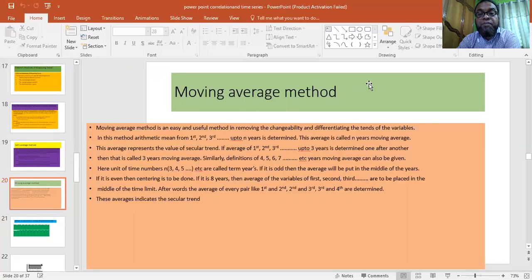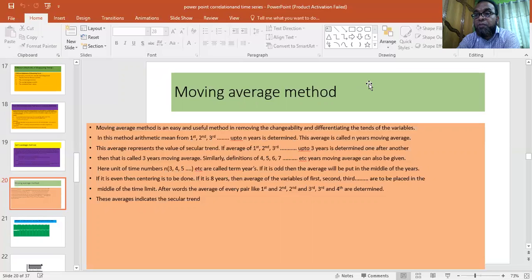are called the period in years. If it is odd, then the average will be put in the middle of the years. If it is the 3 years moving average method, then for the first, second, third, the average will be put at the second one, that is the middle one. If it is the 4 years moving average method, then for the first, second, third, and fourth, the average will be put between the years second and third, because there are 4 years.